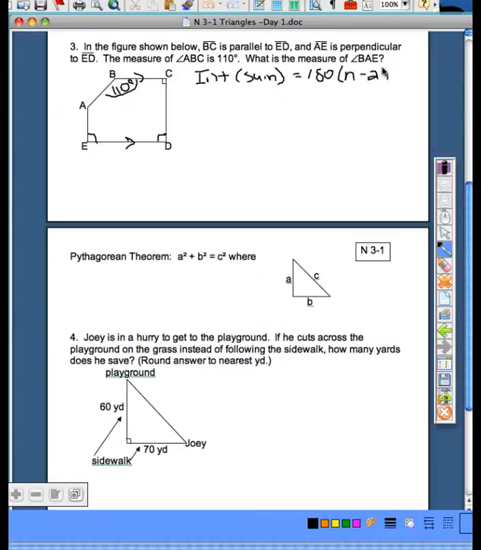So for a triangle, or a three-sided polygon, the sum, and the symbol for sum is usually a capital sigma, is 180 degrees. For a four-sided figure, it's 360 degrees: 4 minus 2 is 2 times 180. 5 minus 2 would be 3 times 180, which comes out to be 540 degrees.